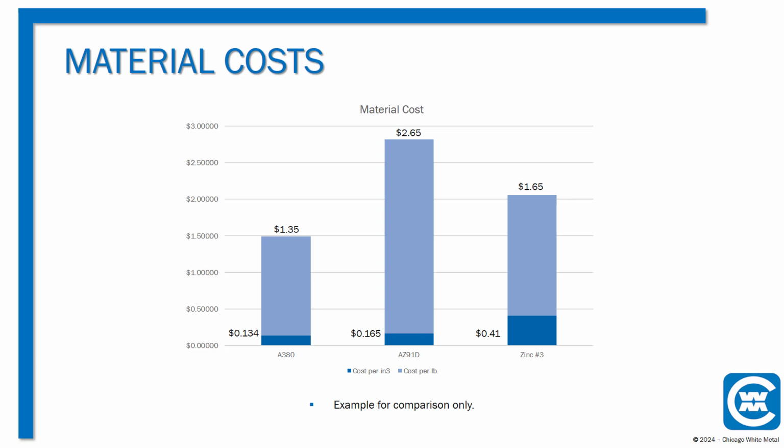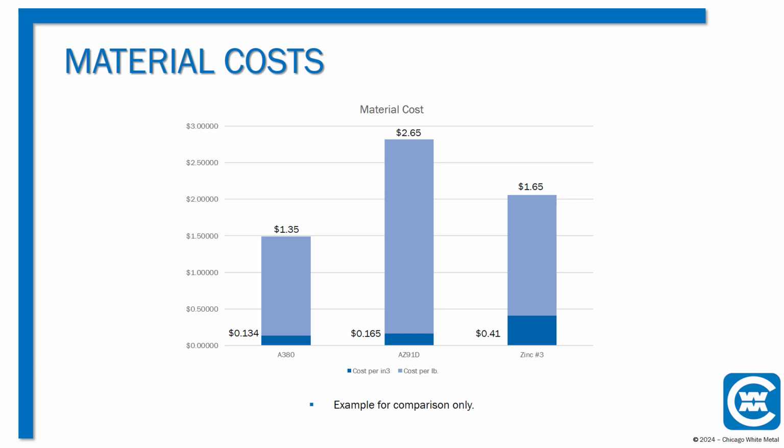So what this other portion of the graph does, it takes those metals and prices and normalizes it down to a cost per cubic inch range. So it tries to show that, okay, yes, magnesium is very expensive compared to the other alloys, but it's also very, very lightweight and low density. So when you normalize that to a cost per cubic inch, you can see it comes in pretty close to aluminum, which is a good thing.